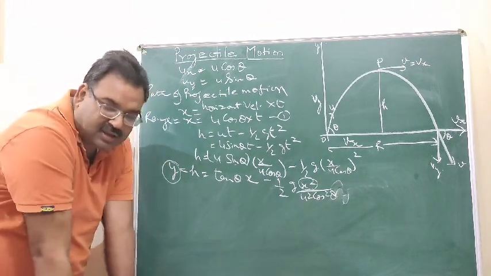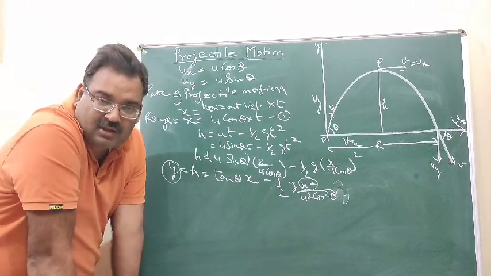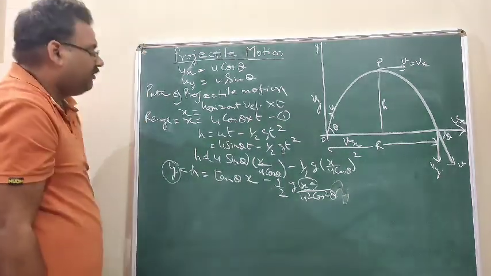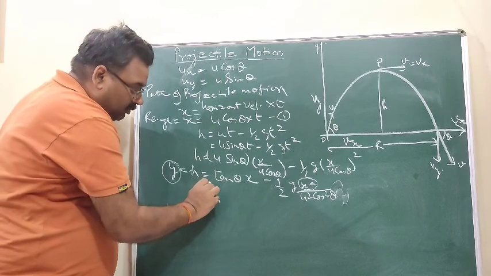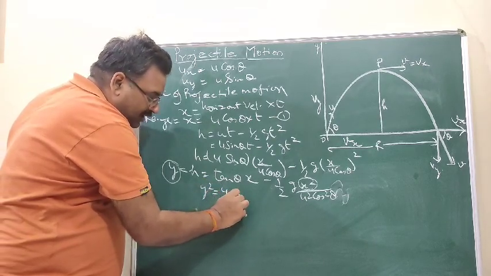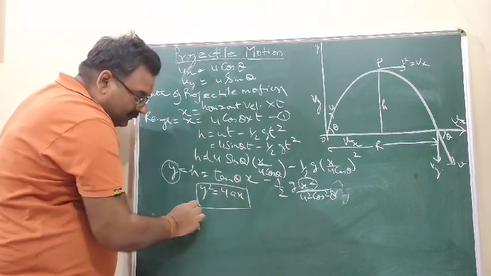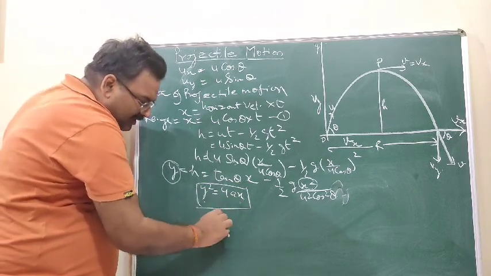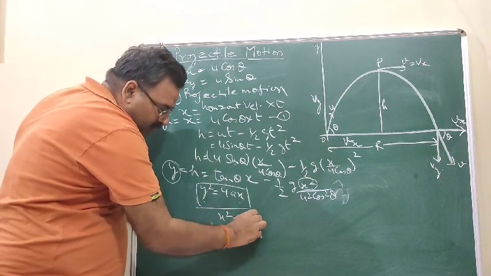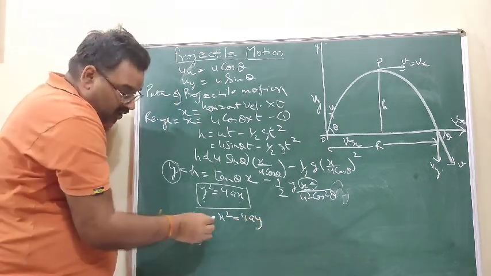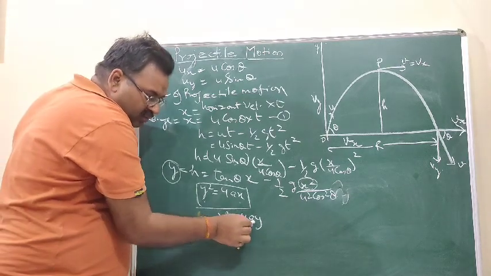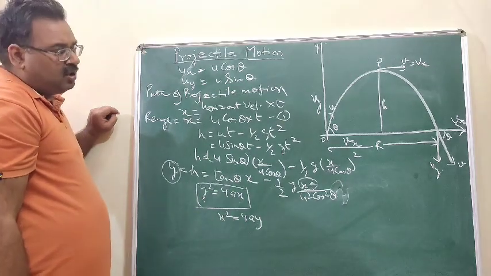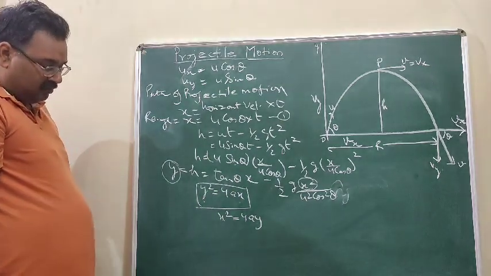So it is an equation that represents a parabolic motion. It is a parabola. The equation of a parabola is y square is equal to 4ax, in which the power of x is 1 and the power of y is 2. Another parabola equation is x square is equal to 4ay. So when the power of one variable is 2 and the other is 1, the curvature of the motion is a parabola. So projectile motion is a parabolic motion.